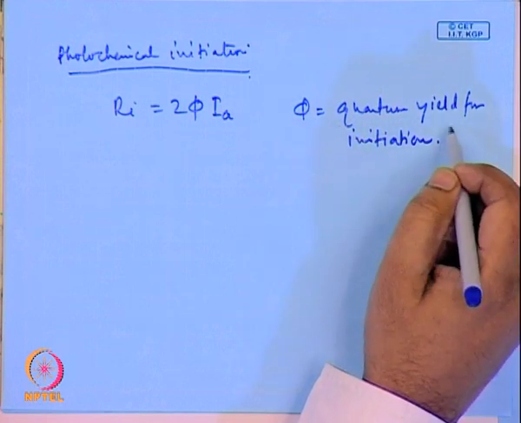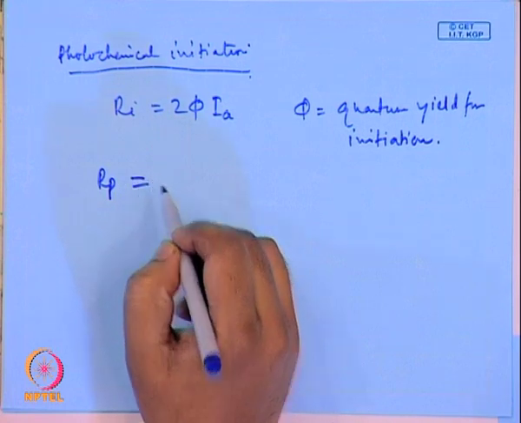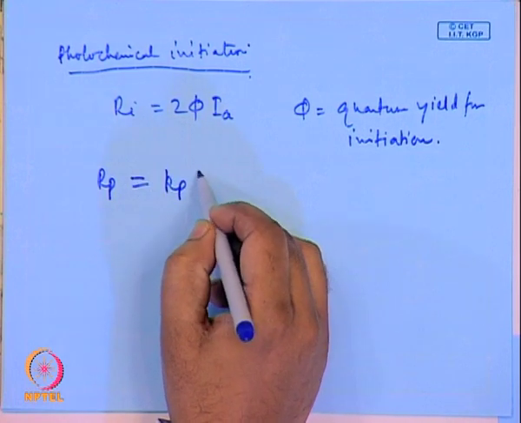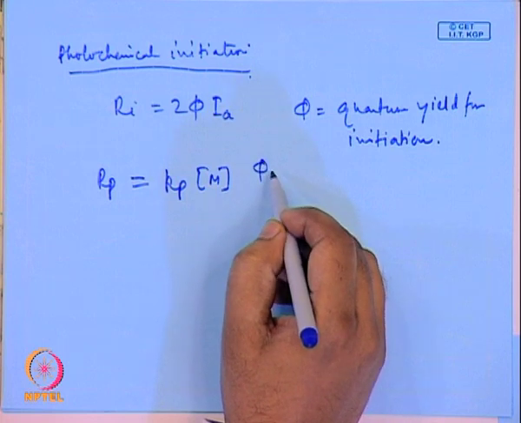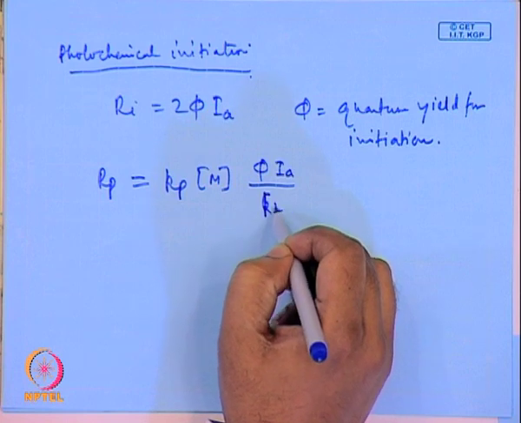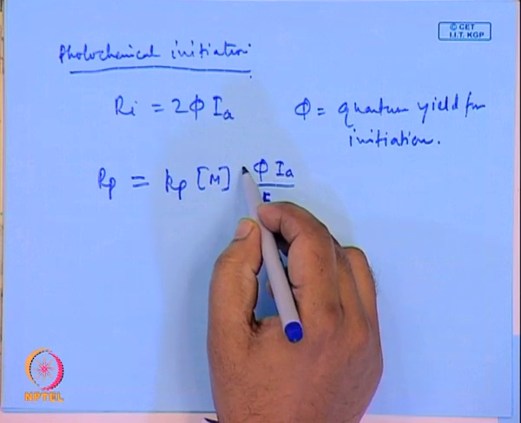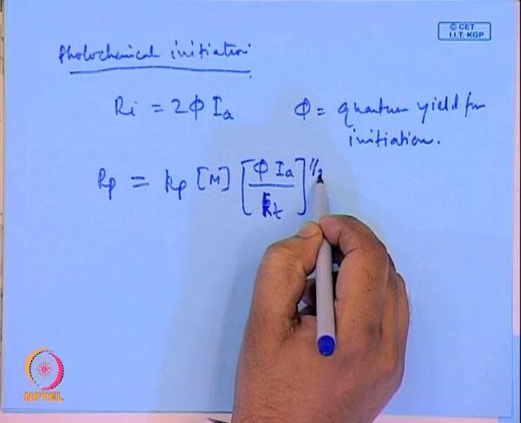This phi is the quantum yield for initiation. So, for this type of initiation we can write Rp is m, phi I A by Kt, to the power half.